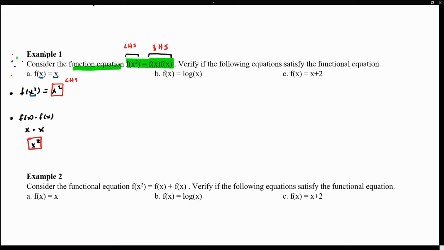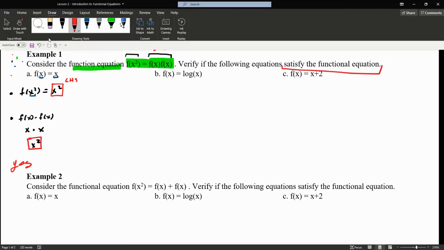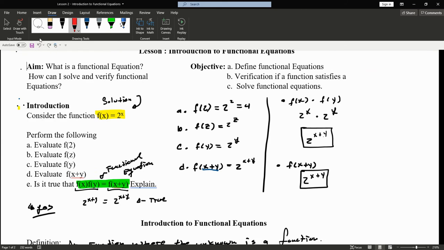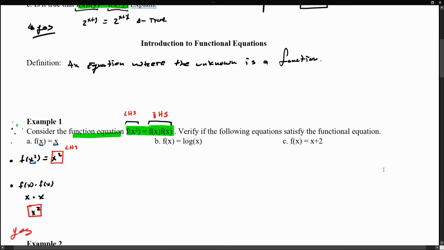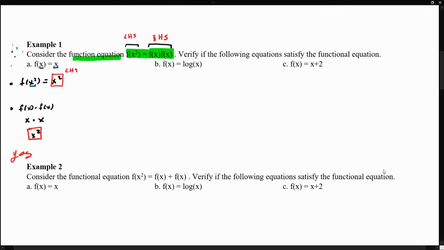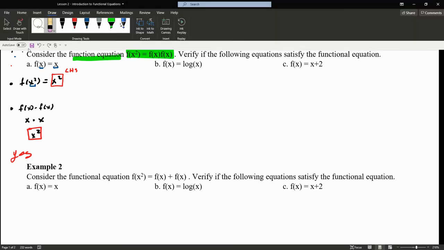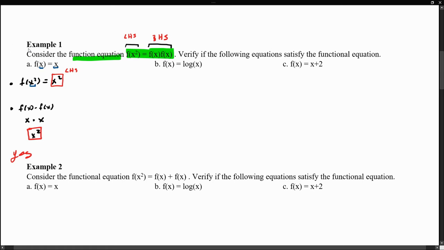And since it is a solution, this function definitely satisfies the functional equation. We have the solution f of x equals x, because the solutions are going to be actual functions, and this function definitely made this true.